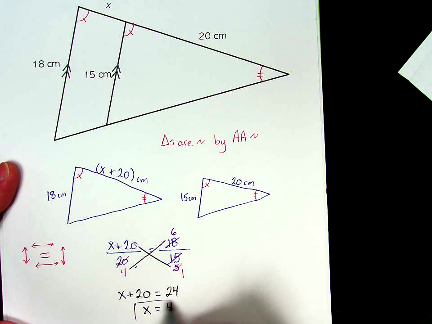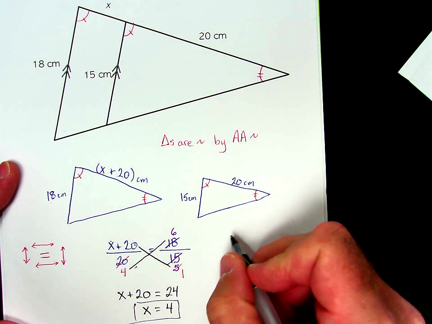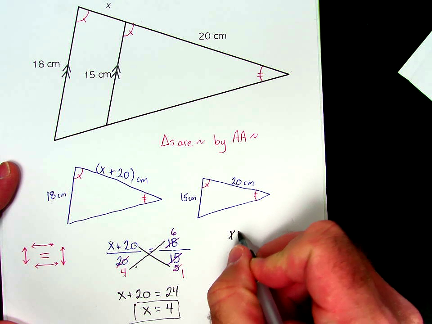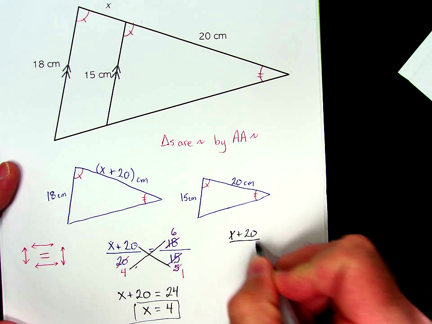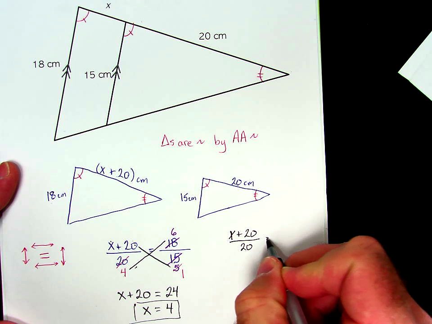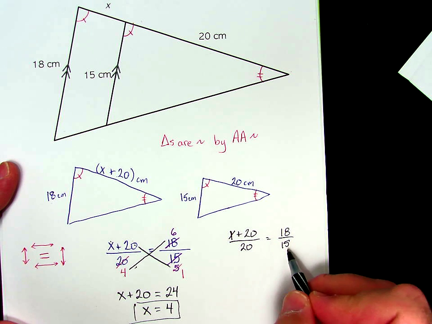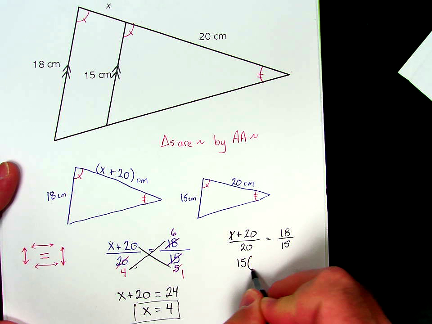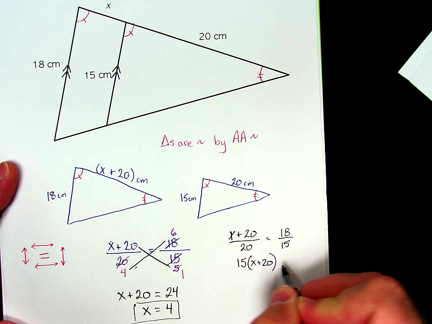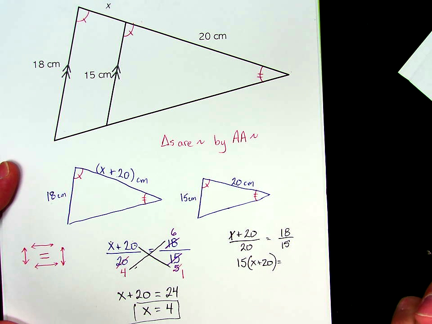Now, just real quickly, I want to show, because you don't have to reduce, what would have happened if we would not have reduced our proportion to begin with. We would have had x plus 20 times 15 equaling 20 times 18.